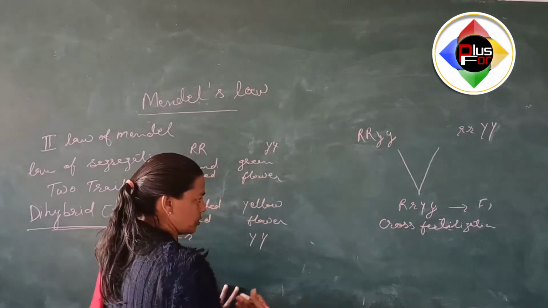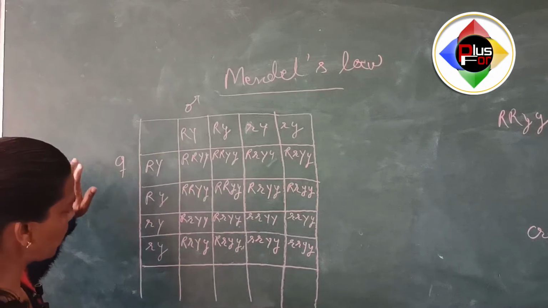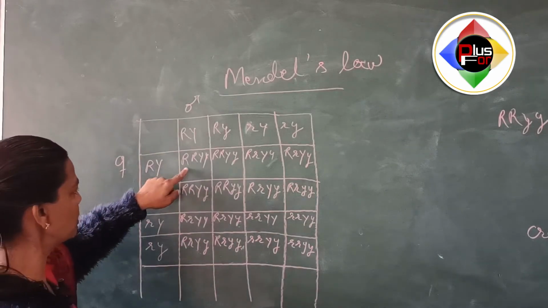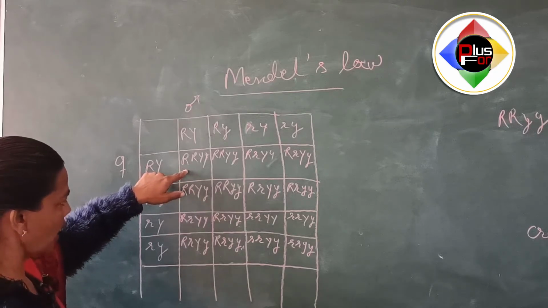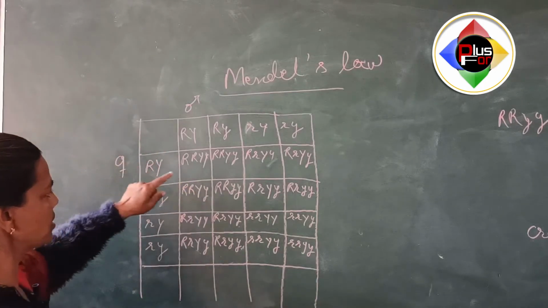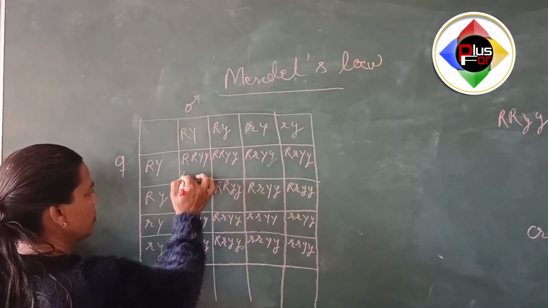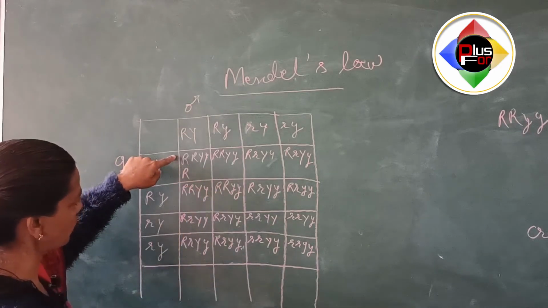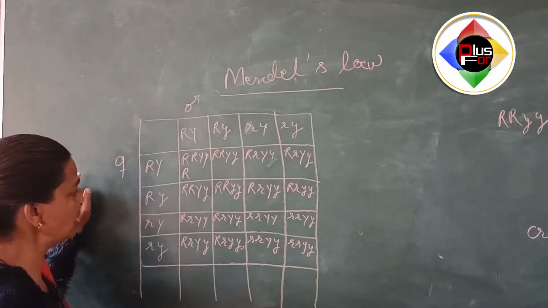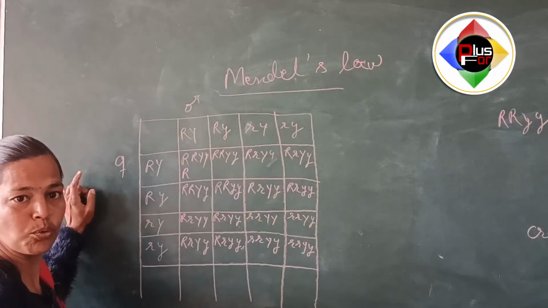To know about this, we have to make a table. We see the different kinds of plants and different color variation. Here we can see R and Y. The seed and flower are round yellow, because both characters are capital, and capital genes are dominant over small.